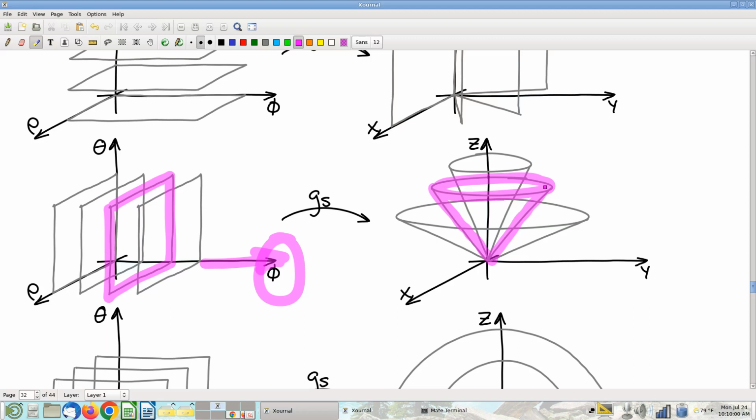Either a narrow pointy cone or a wide, short cone, wider or narrower, pointier or blunter, depending on what that value of phi is. And that's weird. It's unfortunate. It's going to turn out not to be a problem.